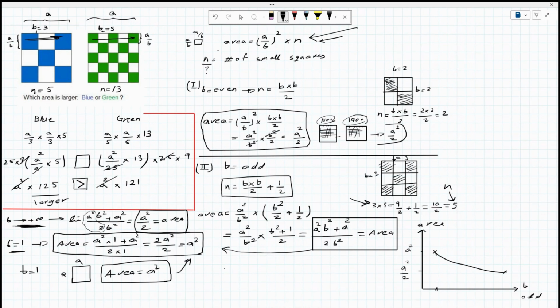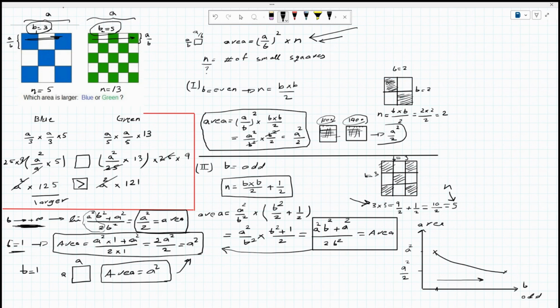So in our main question, we had b as 3 here and also 5 here. As per this diagram, when b is a bigger number, it means the area is smaller.